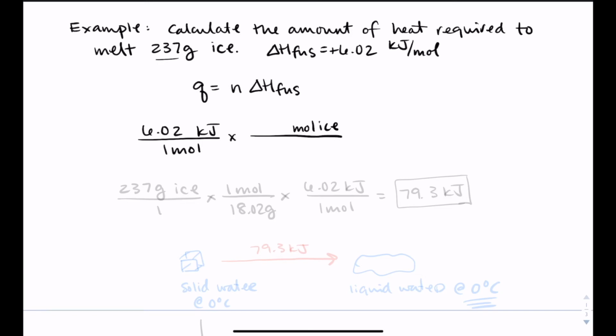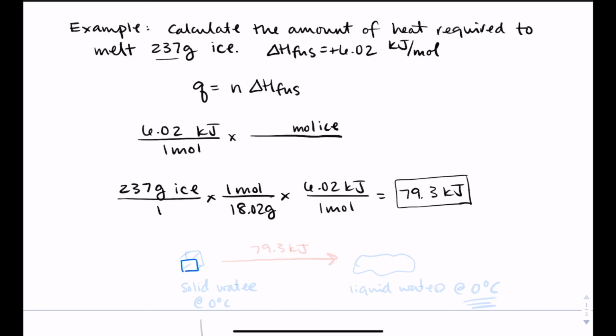So starting with 6.02 kilojoules per mole, if I multiply this by however many moles of ice I have, then I will have the value of heat in kilojoules. I need to convert from grams to moles, so I need to remember that ice is water to find the molar mass. And in the end, this gives me 79.3 kilojoules of heat.